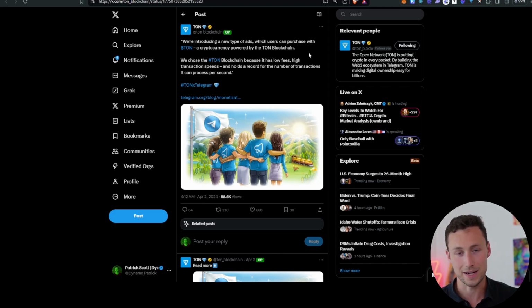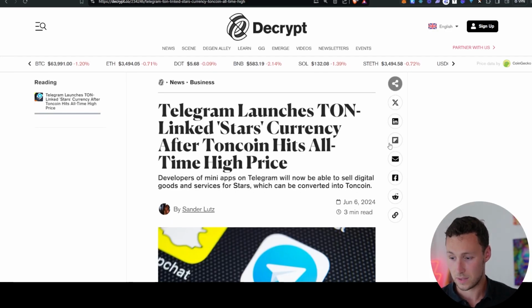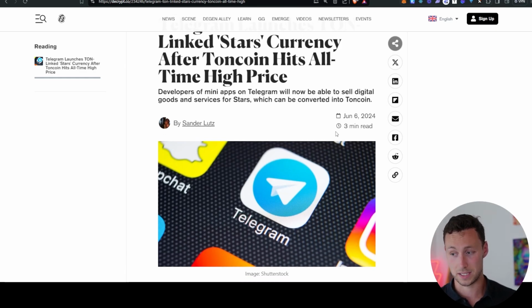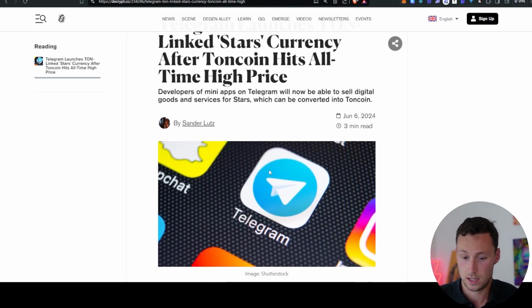So people who might not care or want or need anything to do with cryptocurrency are now going to be using TON for payments. Additionally, just a couple weeks ago, Telegram launched a TON-linked stars currency. This is basically an in-app currency for people that build mini apps on Telegram, and it runs, you guessed it, on the TON blockchain.